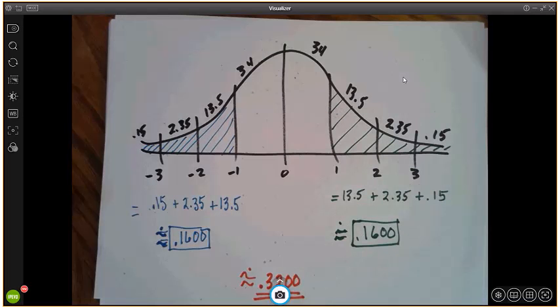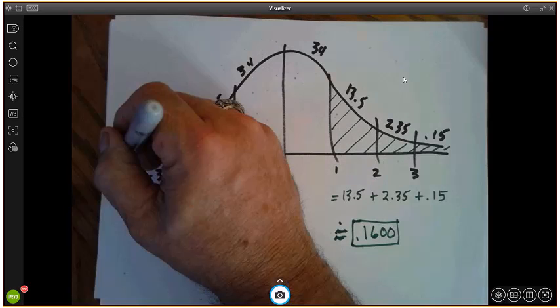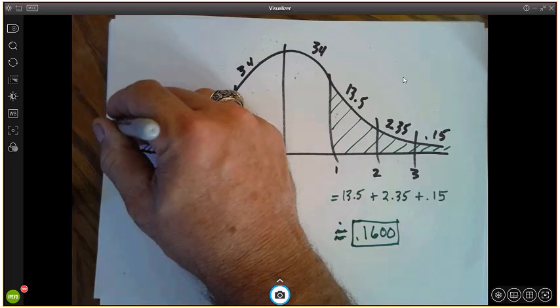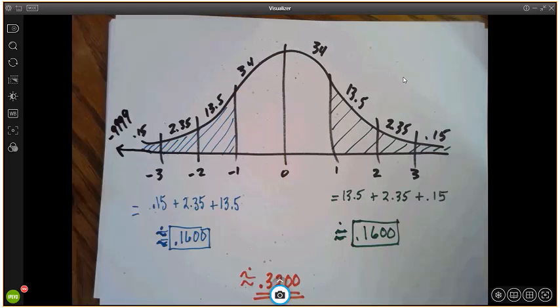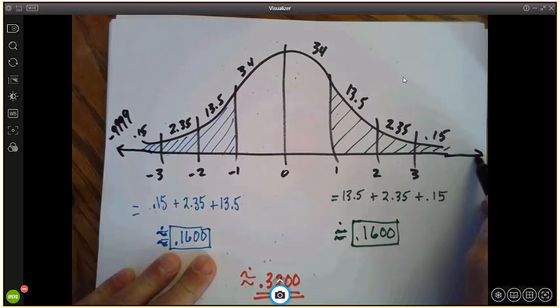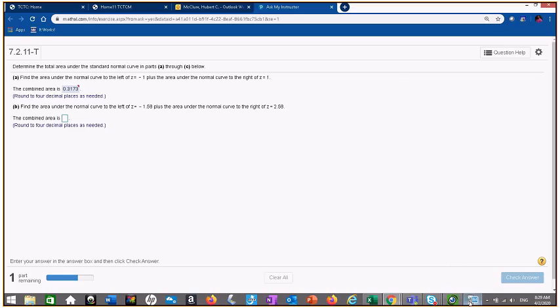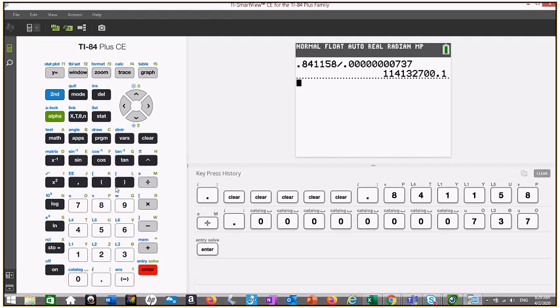All right, so now let's do it with our handy dandy black marker. And I know that this arrowhead is -9999, and I know this arrowhead is +9999. Infinity and negative infinity. So I take my handy dandy calculator and we punch it in. Under normal CDF.